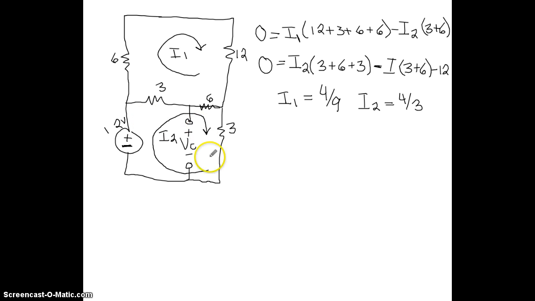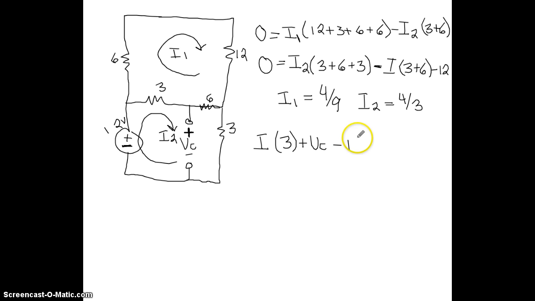Now that I have the currents, what I want to find is this VC. So I'm going to go around this second loop another time, but this time I'm going to act like this VC here is actually something in the way. So I have I2 times the resistor 3, and then plus VC, so we treat that just like a source, and then minus 12.